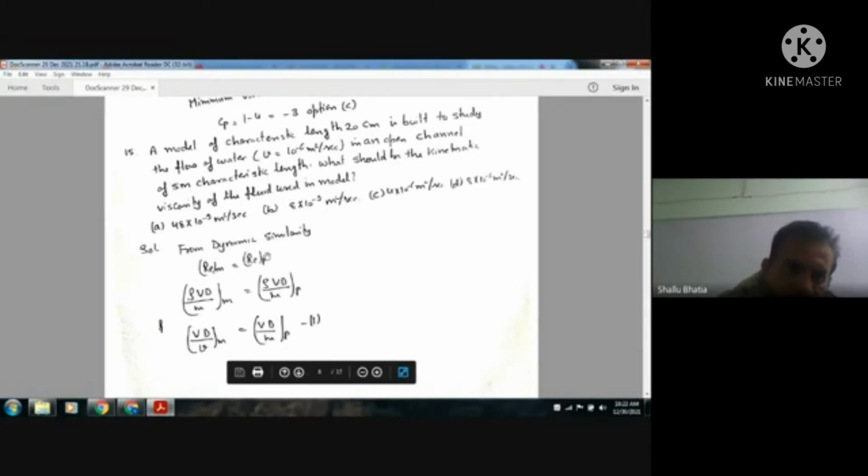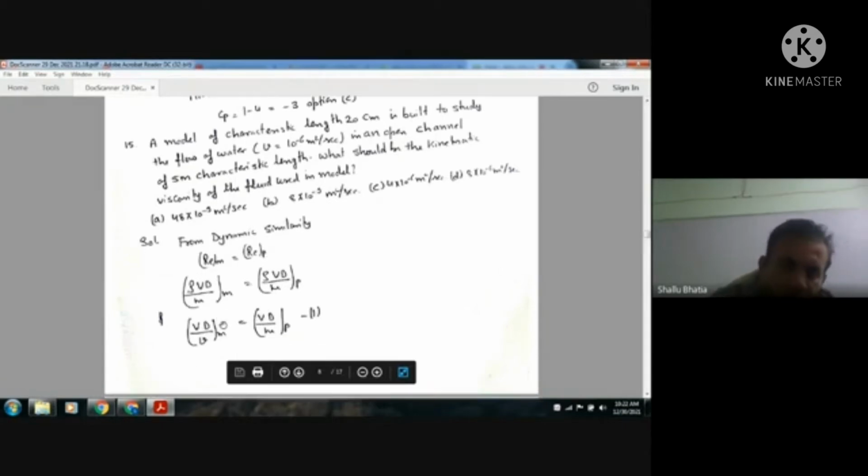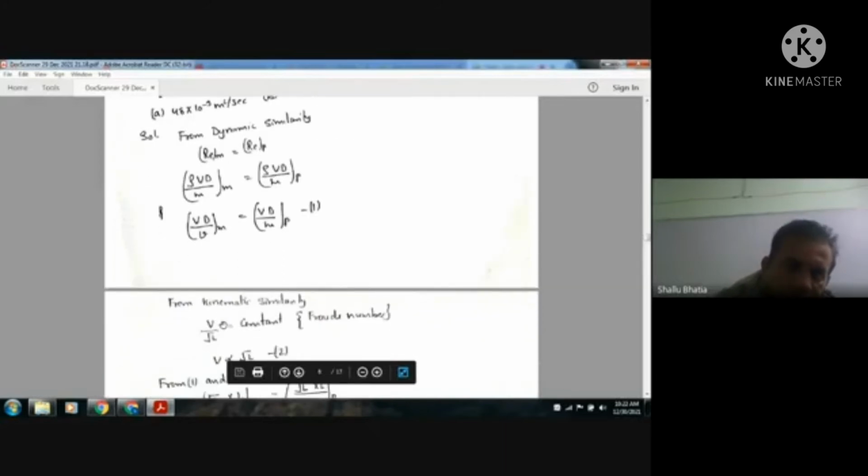So far we don't have the relationship between velocities. So using kinematic similarity, according to the Froude model, v by root L is constant. So v is proportional to root L, where L is the characteristic length, and d is also a characteristic length.